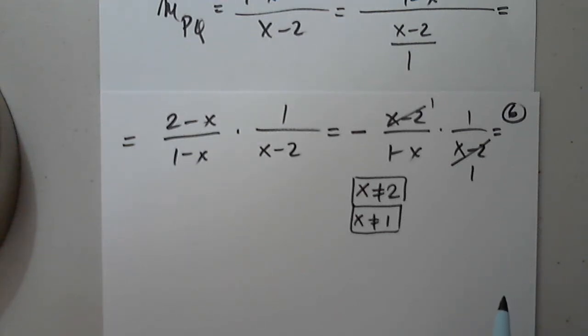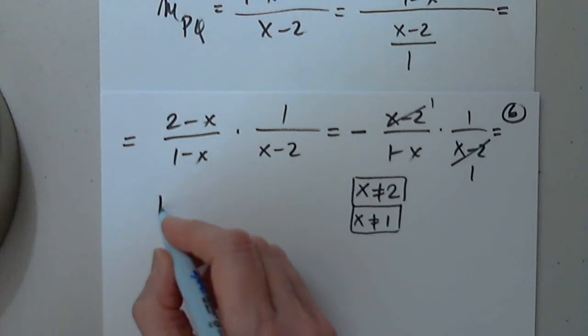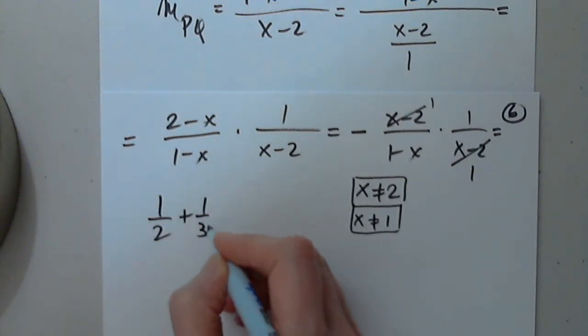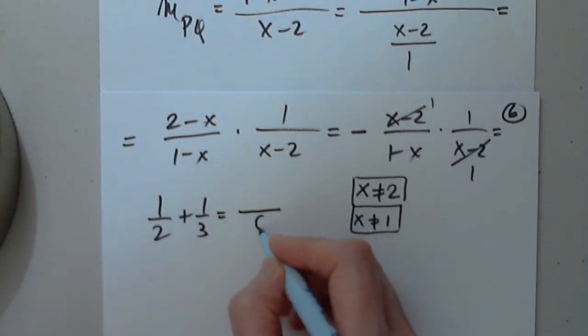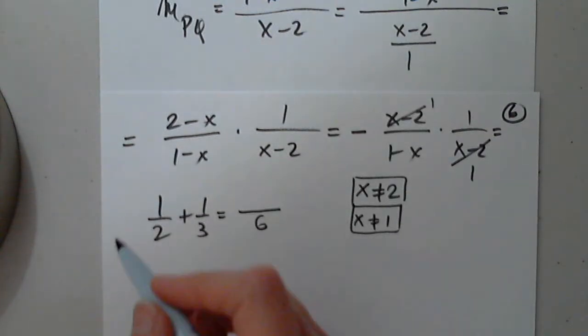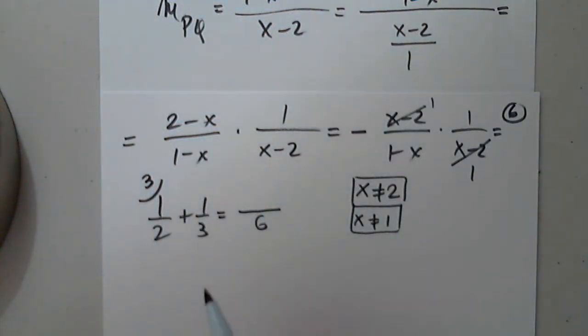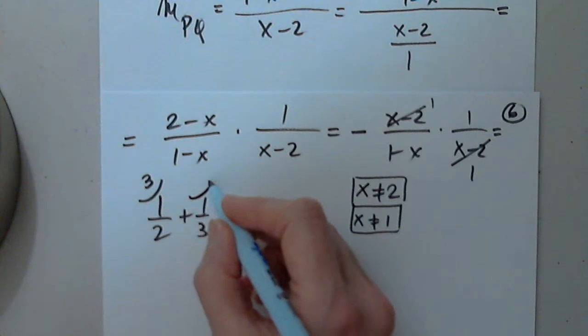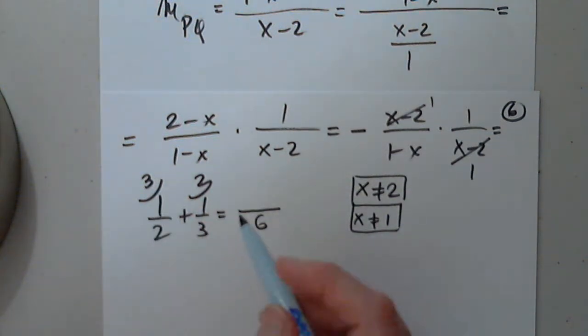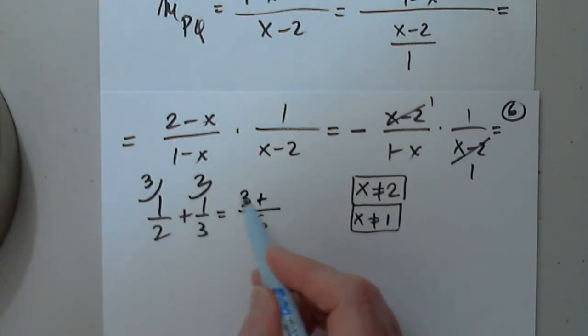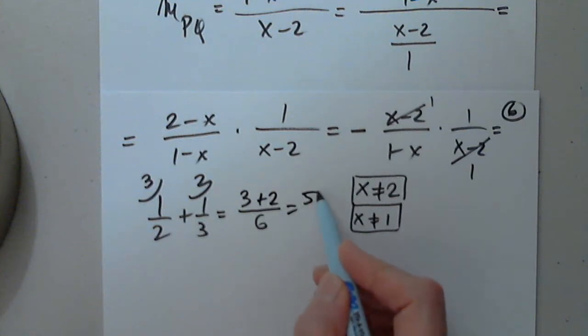Why did we put that 1 minus x on the numerator of the denominator? When I add 1/2 to 1/3, the least common denominator is 6. 2 times what is 6? 3. 3 times what is 6? 2. So 3 times 1 is 3, plus 2 times 1 is 2, to get 5/6.